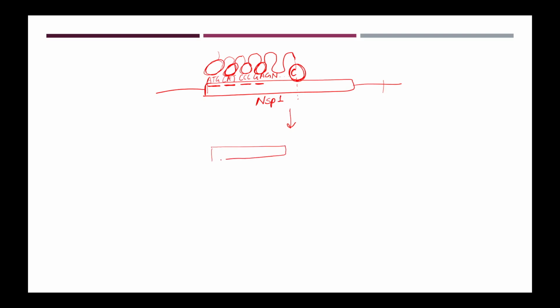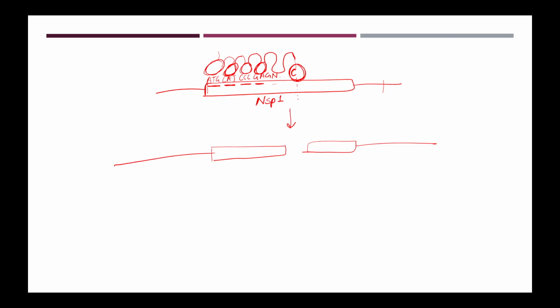Now after the recognition, this gene is cut in two pieces. That is how the specific recognition is happening. So this is the recognition protein recognizing the specific sequence, and you have fused it with a cleavage protein, which is an endonuclease, which will create a cut once the recognition takes place.